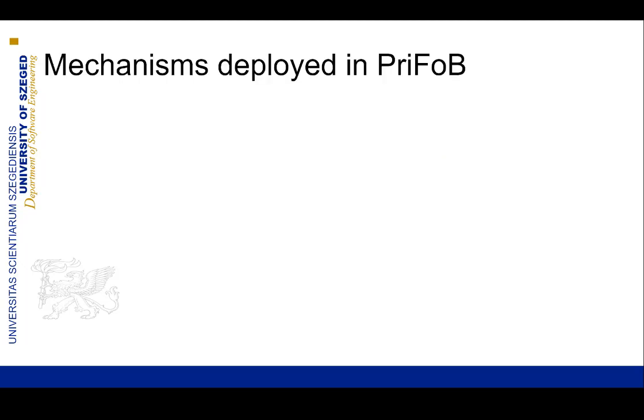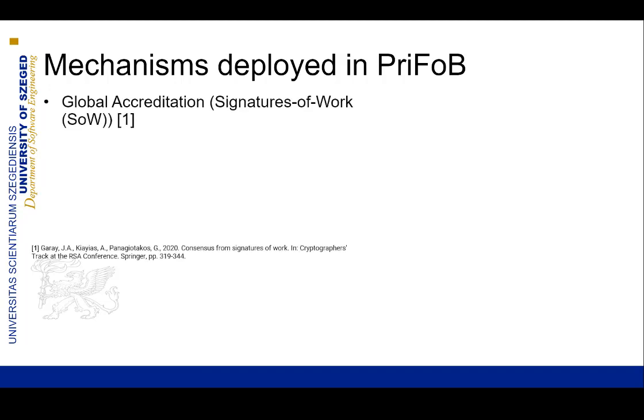So the mechanisms deployed in PriFoB are many, but we will just mention the main mechanisms in PriFoB. PriFoB provides the property of global accreditation using the signatures of work consensus algorithm.